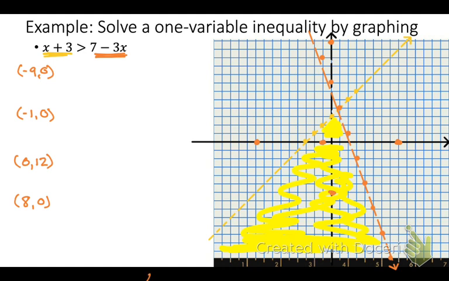Okay, so if I plug in -9, that would be -9 plus 3 is greater than 7 plus 27. Is that true? No. I don't even have to finish it. It's not true. So you just do that. Okay, so the next one I get -9 plus 3 is greater than 7 plus 3. Is that true?